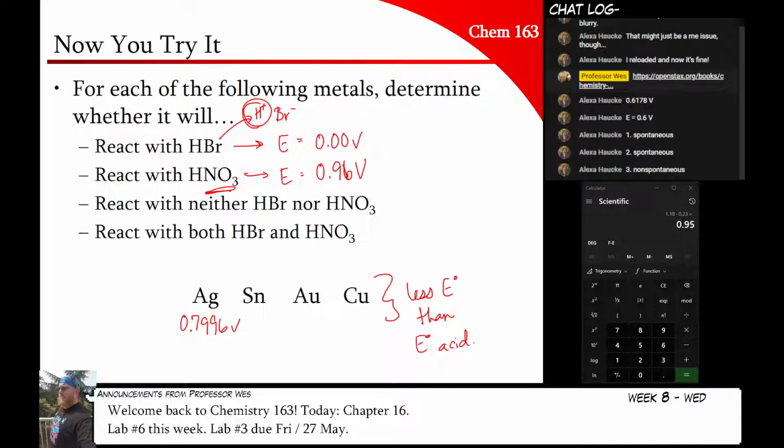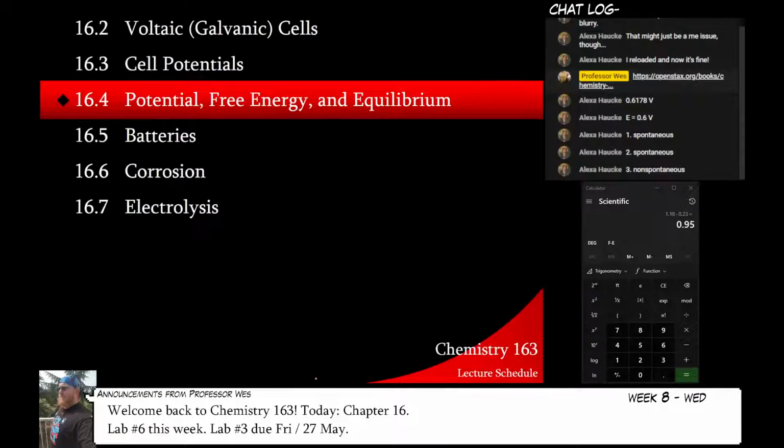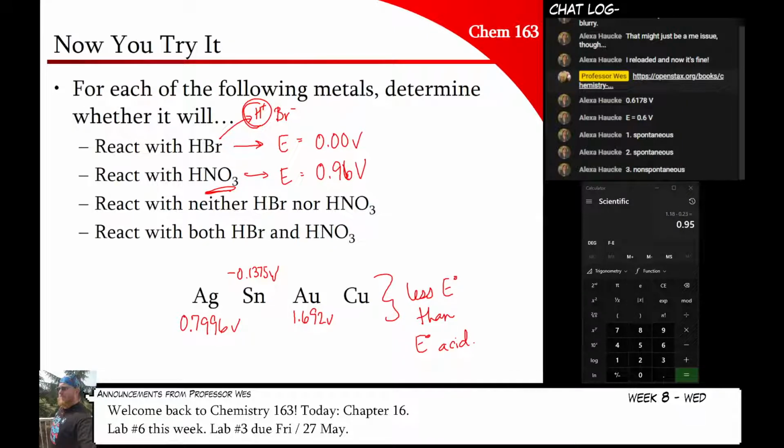Negative 0.1375. And then gold, all the way at the top here. Positive 1.692. And then, oh goodness, sorry, I had to actually move the mouse before I used the scroll wheel. Copper is positive 0.34.